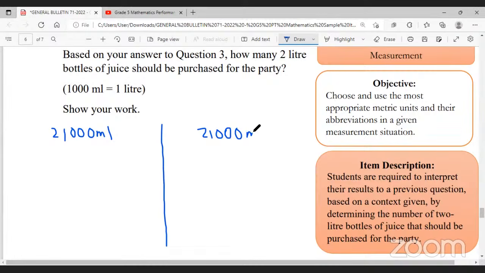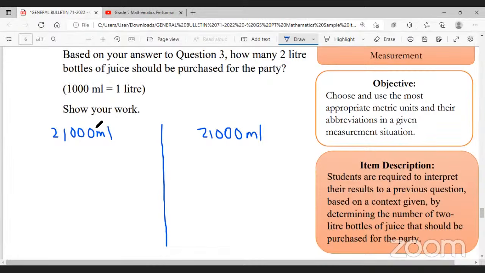Some of us work very basic, while some of us can work advanced. The students who can work advanced can find how many 2 liter bottles of juice can be purchased for the party just by looking at it and dividing it. Others might have to do 1 liters first and then divide it.